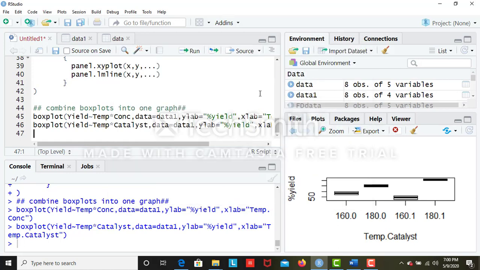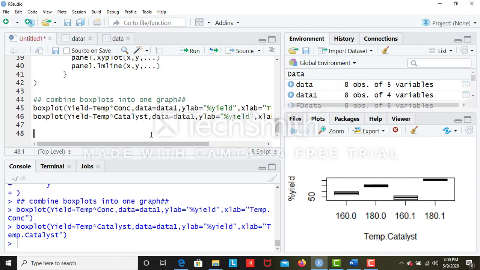So now the next thing we're going to consider is to model the main effects of this factorial design.